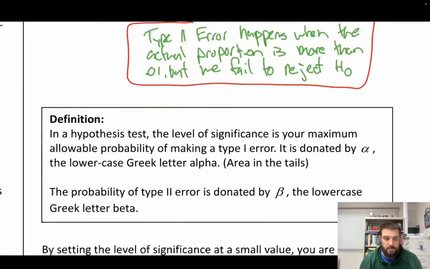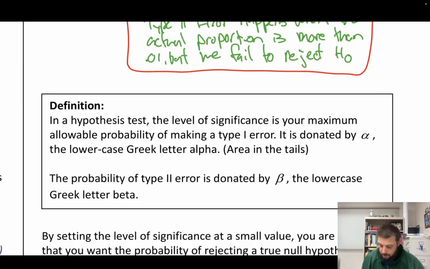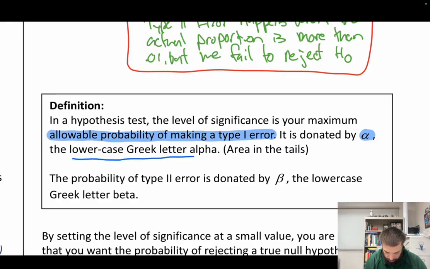All right, so let's look at some definitions here. In a hypothesis test, the level of significance is your maximum allowable probability of making a type 1 error. It is denoted by alpha, our lowercase Greek letter, and that's called the area in the tails.